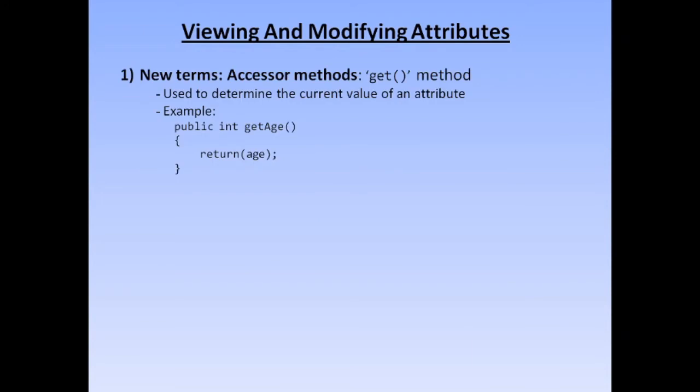Now what are accessor methods? Accessor methods are those methods that are used to retrieve the value of an attribute of a class. Like we can name the accessor method get. Suppose we just want to get the age. Age is an attribute defined inside the class called Person.